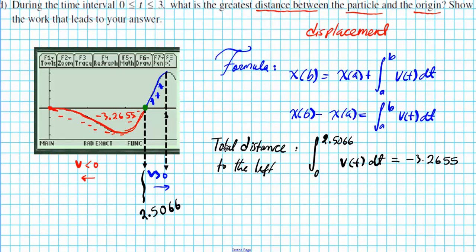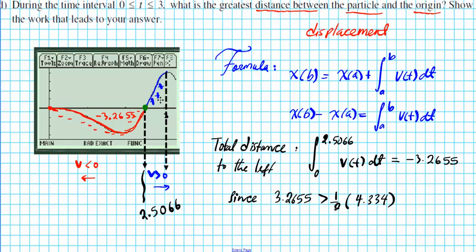This distance it traveled to the left is greater than half of the entire distance. Okay, so check this out. Since 3.2655 is greater than half of the total distance traveled, guess what? The object is still to the left of the origin.